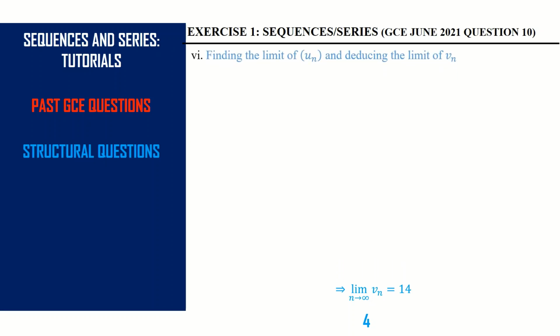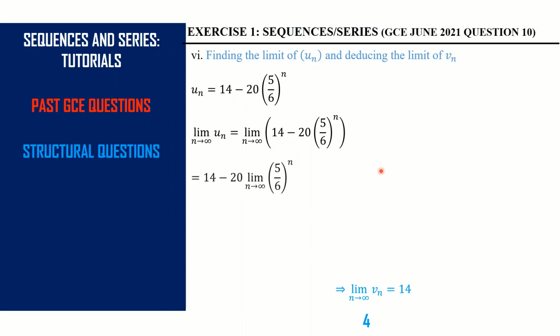Next we are going to find the limit of Un, and then we deduce the limit of Vn. Now the limit of Un is simply finding the limit of this expression here, because this is our Un, as we proved earlier. By the properties of limits we can separate. The limit of 14 is 14 because it's the limit of a constant, and the limit of 20 times this function in terms of n is 20 times the limit of that function.